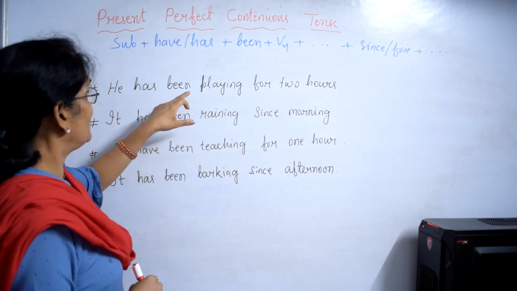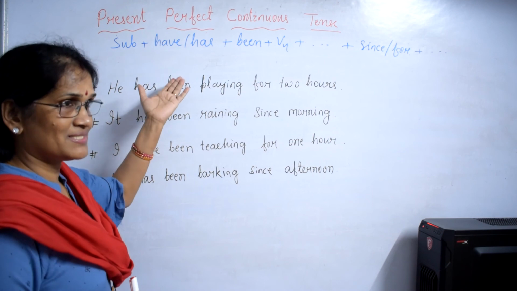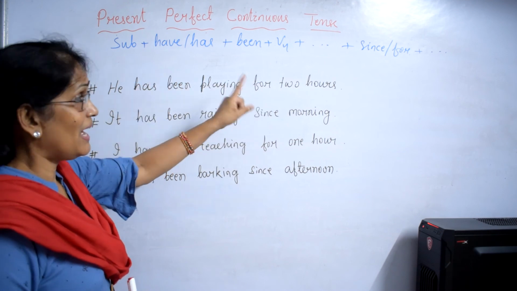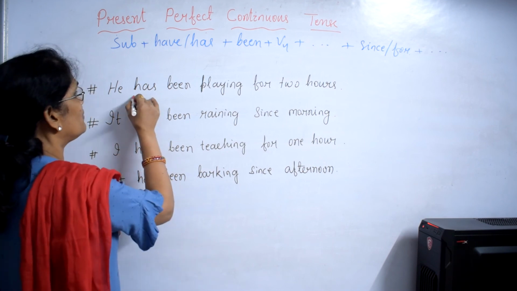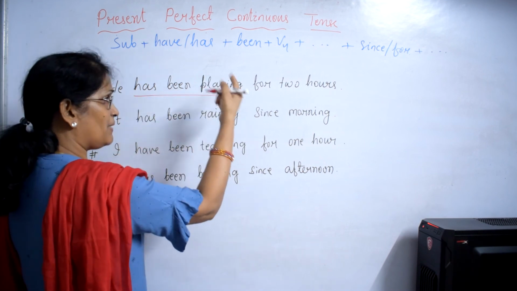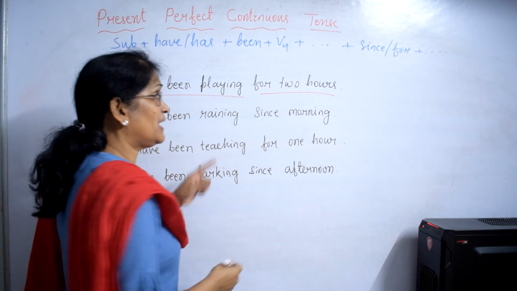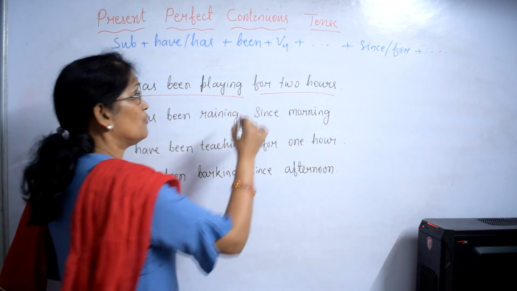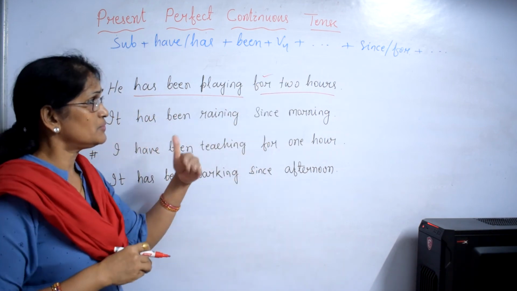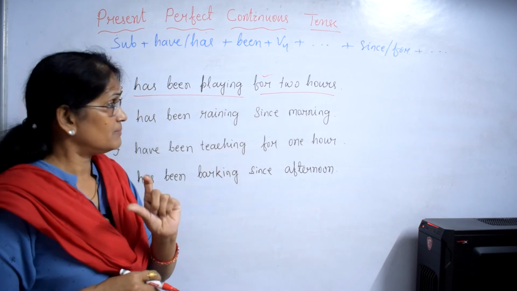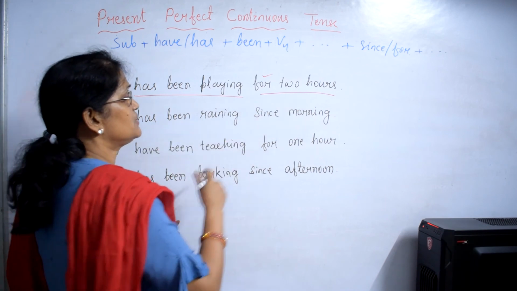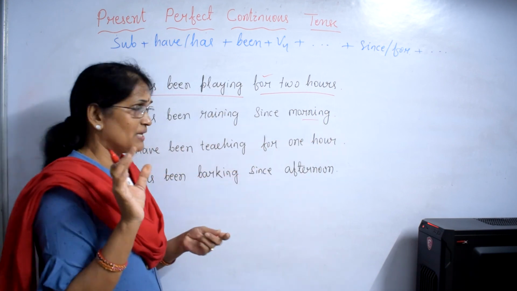That means playing started in the past, 2 hours ago, and is continuing still now. There you use present perfect continuous. So there comes one time indication. For is used with a period of time and since is used with a point of time, right?